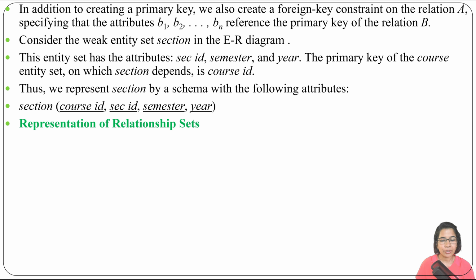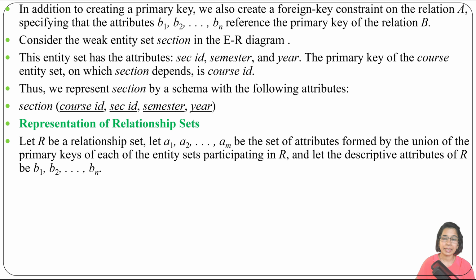Next is representation of relationship sets. There are mainly four types of relationships: one to one, one to many, many to one and many to many. For a relationship, we will create a separate relational schema where the keys will be the combination of all the keys plus its descriptive attributes.